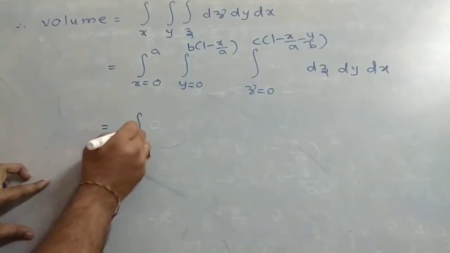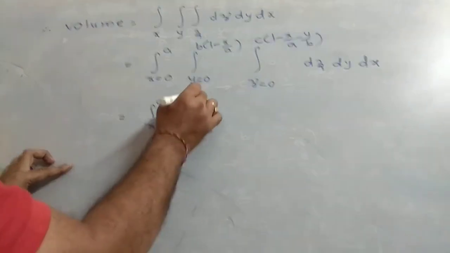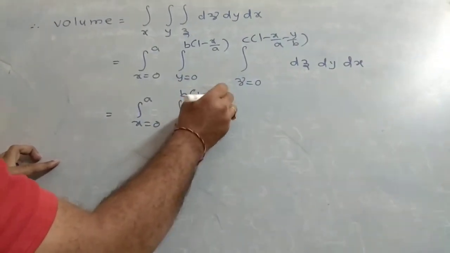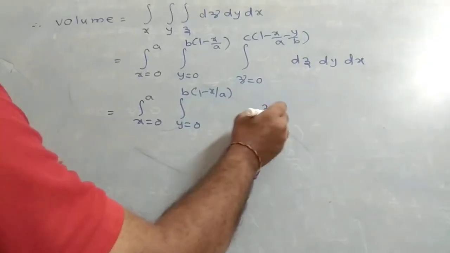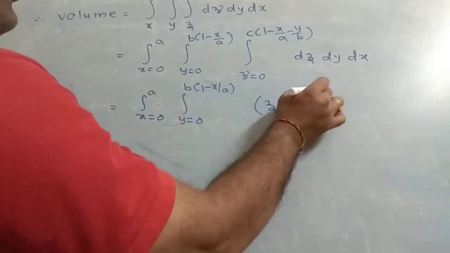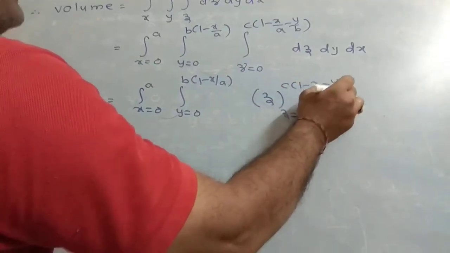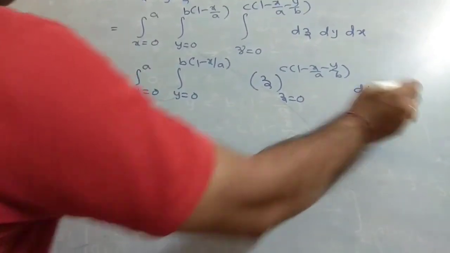So the first two integrals you keep as they are, 0 to a, and here 0 to b into 1 minus x by a. Now the integral of 1 is nothing but z. So write z, with limits 0 to c into 1 minus x by a minus y by b. Still we have dy and dx.